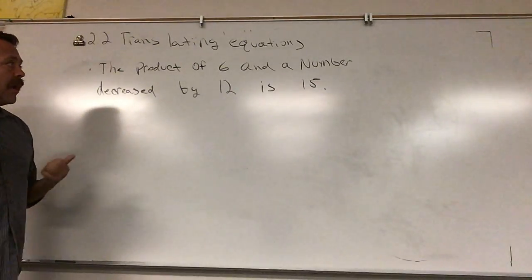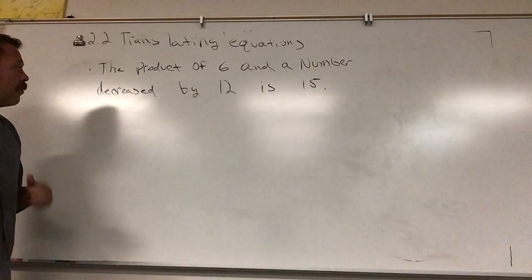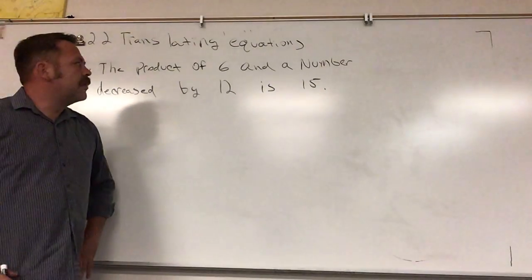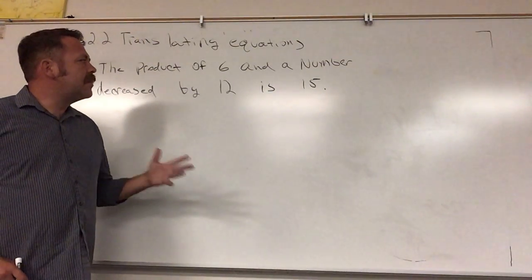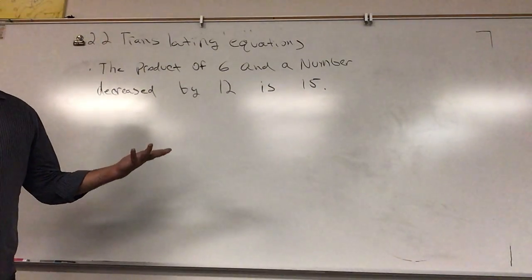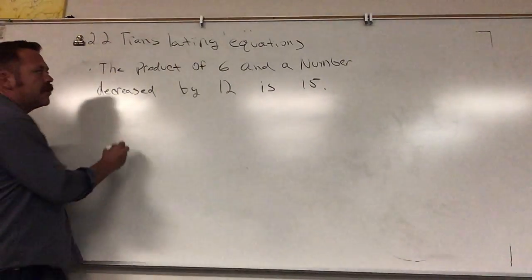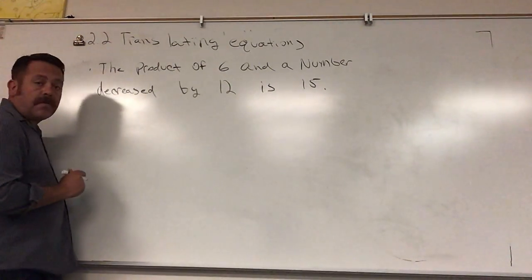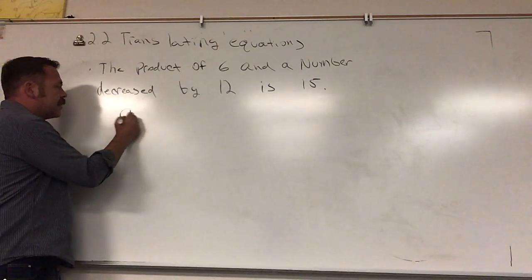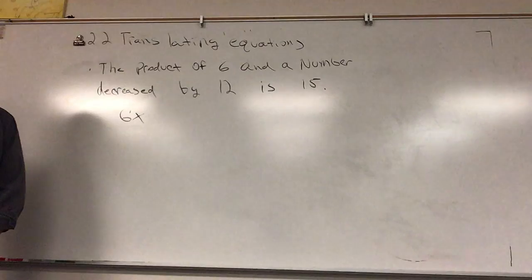Okay, so the product of 6 and a number. What did we say product meant? Multiply, right? Here's something a little different. It says a number. What do we call a number? It doesn't say what that number is. What is that? Yep, variable. So the product of 6 and a number would be written as 6x, okay? Decreased by 12.